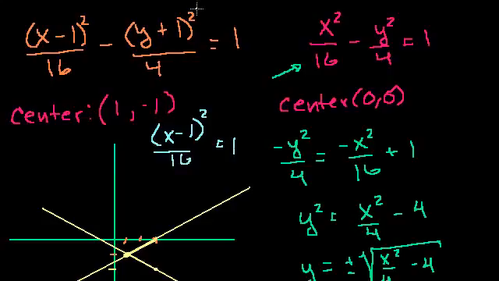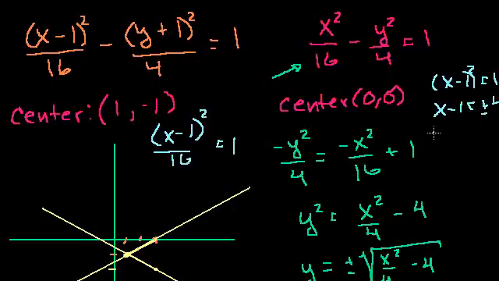Right? I just canceled out this term because I'm saying what happens when y is equal to negative 1. You multiply both sides by 16. These get messy. (x minus 1) squared is equal to 16. Take the square root of both sides. x minus 1 is equal to positive or negative 4.